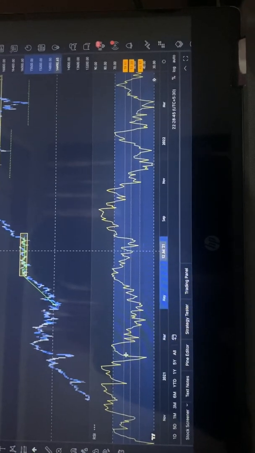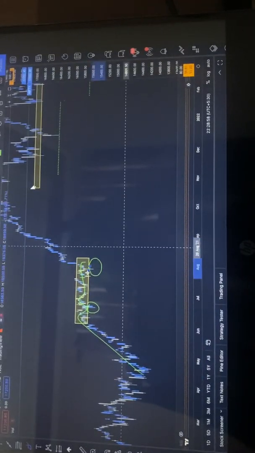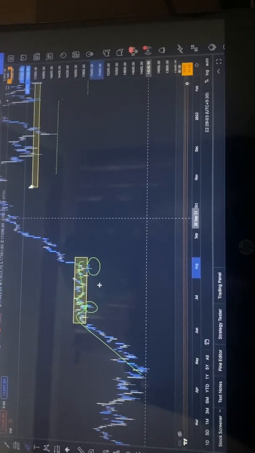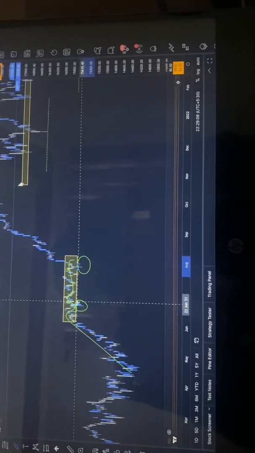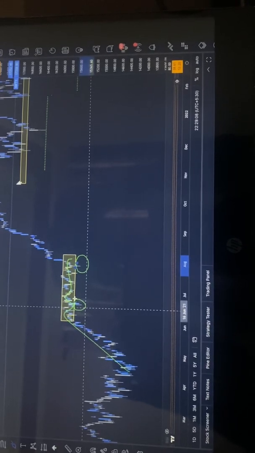Now the trick from the price action point of view is that it gave 2 false breakdowns. That means the market does not really want to go in the downward direction. After the false breakdown, it did not form that lower high formation. If it did form that lower high formation, then we would have gone bearish.